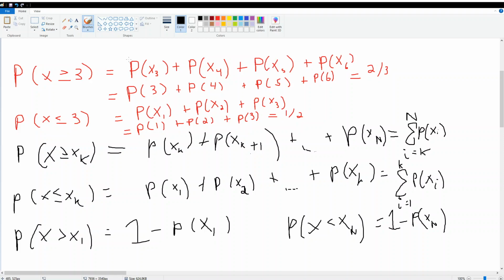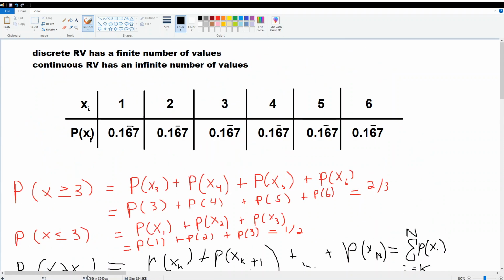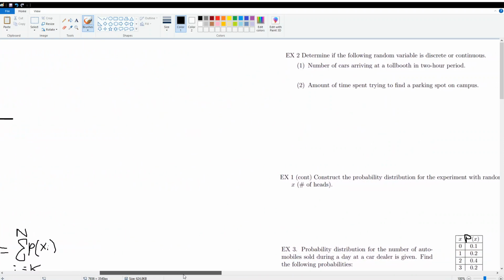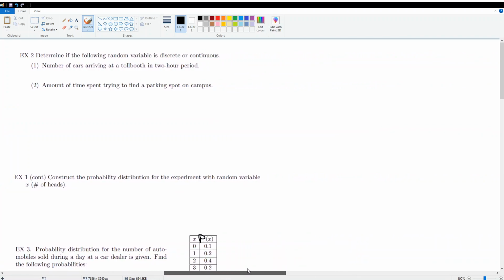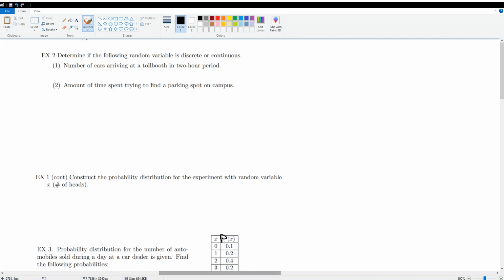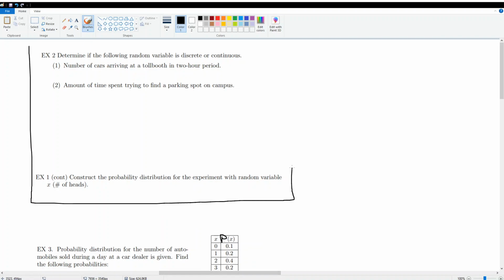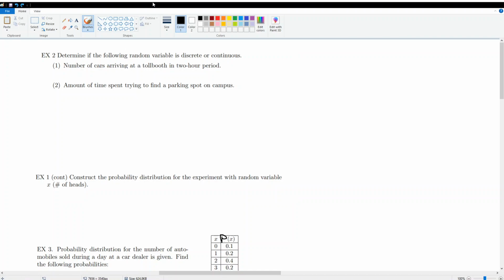So now what I'm going to do is give you a couple of practice problems. We're going to start with these first two. With the first one, I want you to identify whether each one is discrete or continuous.